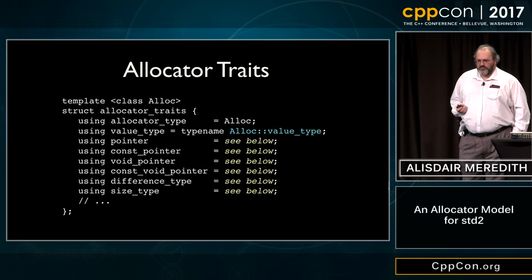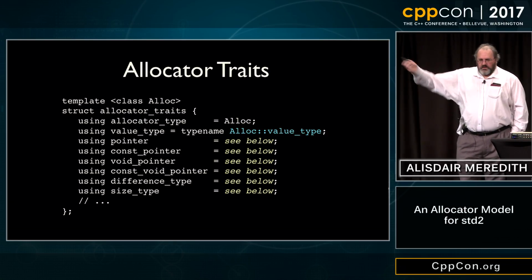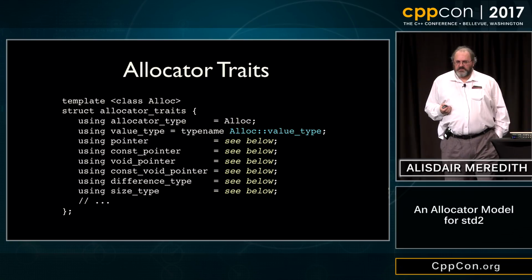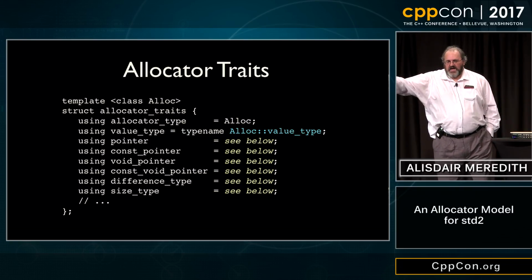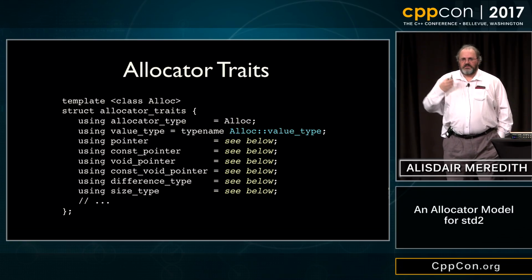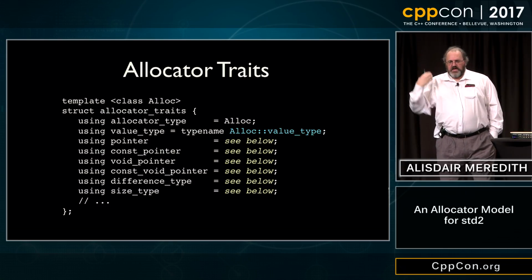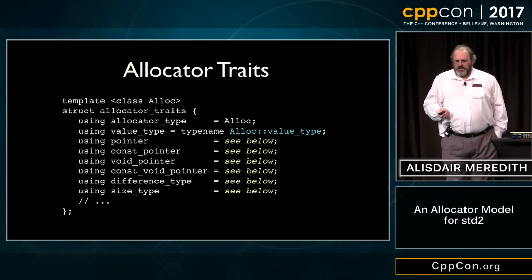Quick walkthrough of what Allocator Traits looks like. It's a class template parameterized on the allocator that you supply to it, and your allocator has to have a nested value type because this is still modeled on the C++98 model. Allocators allocate for objects. So the allocator that I plug into Allocator Traits is going to be a class template, and it's going to say, I know how to allocate for this kind of object.